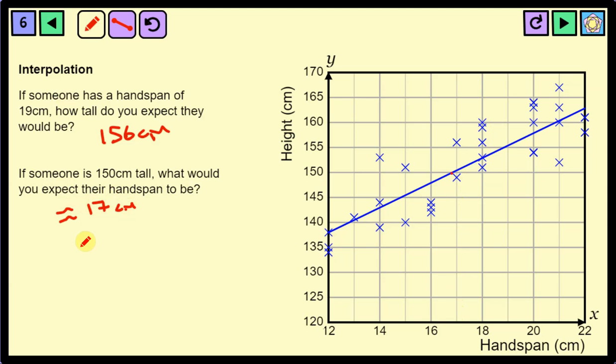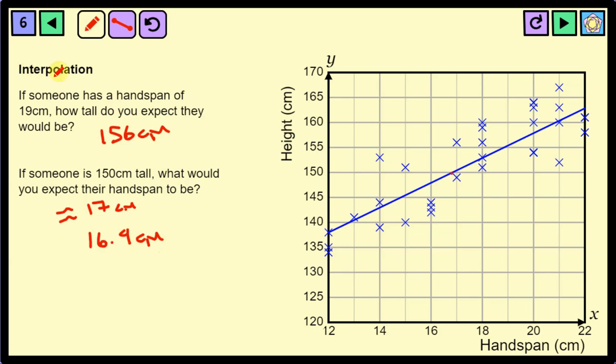To be honest, with it being centimeters and not age or anything like that, we can go a bit more detailed. I'd have said that's about 16.9. You're probably going to be allowed a few either way on your decimal places.